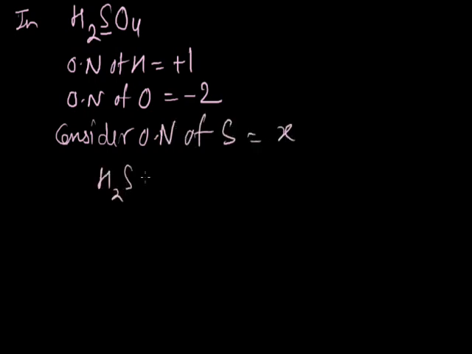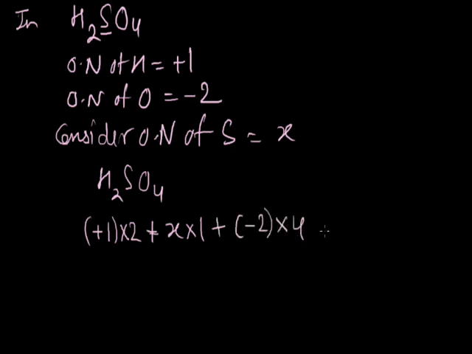Now according to the formula H2SO4, the oxidation number of hydrogen is equal to +1, and we multiply it by 2 because 2 atoms of hydrogen are present here, plus the oxidation number of sulfur is equal to x. We multiply it by 1 because 1 atom of sulfur is present here, plus the oxidation number of oxygen is equal to -2, and we multiply it by 4 because 4 atoms of oxygen are present here.